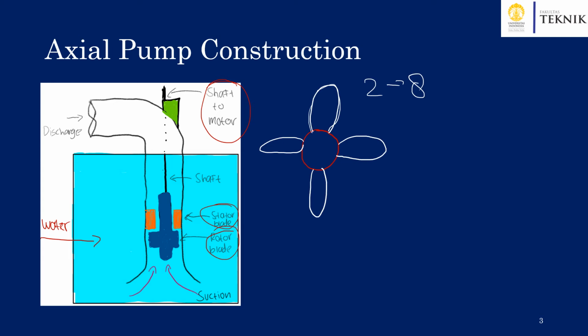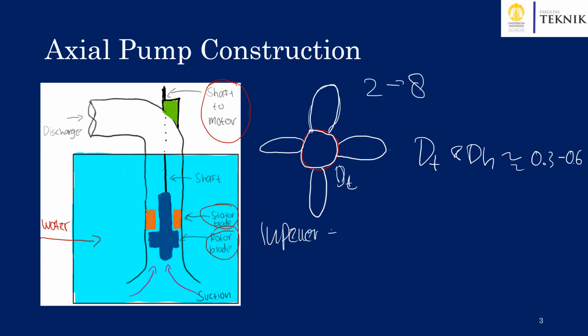And the ratio between the tip diameter and the hub diameter will lie between 0.3 and 0.6, and the fluid will flow, getting its rotational speed from the impeller here, or the propeller, so to say. The impeller is in a propeller shape.